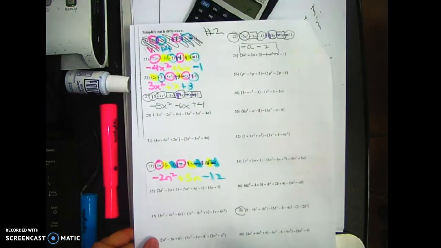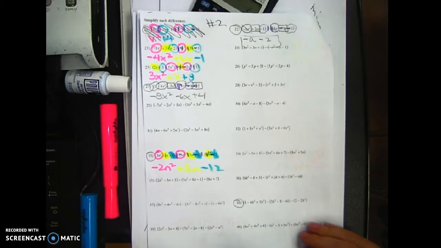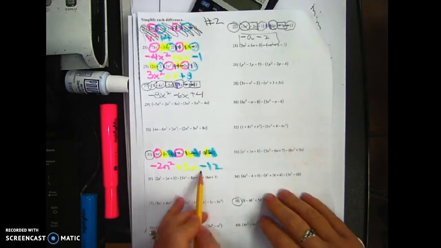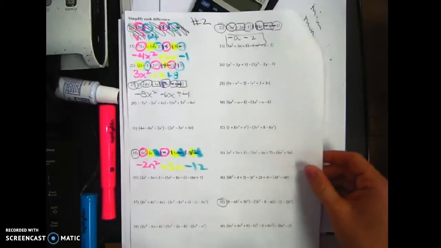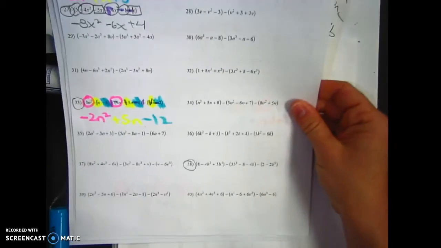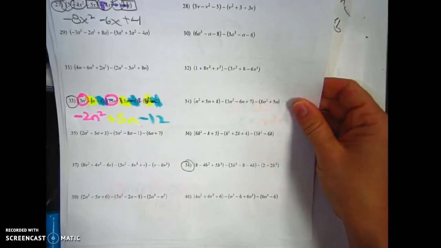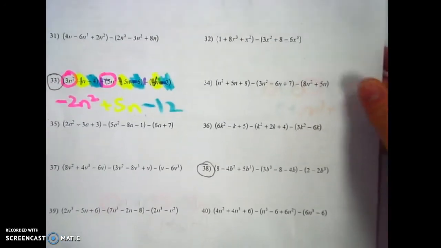So all you have to do is look at the answers and make sure they're the same, which is another reason you can't not show work, because all I have to do is look at the answer over here and then copy it. Look at the answer and copy it. You can't do that. Make sure you're showing work. Okay. So let's go look at number 38. We'll try one more, and then I'll let you guys do your homework. Now remember, show your work.